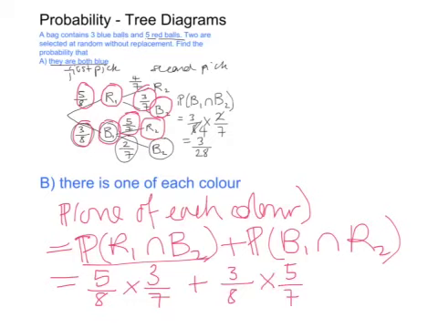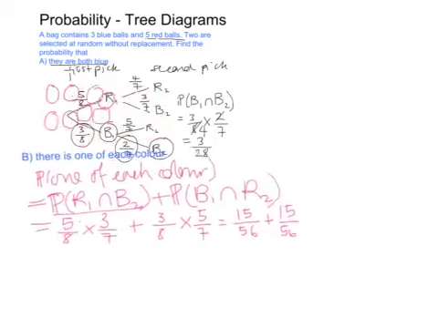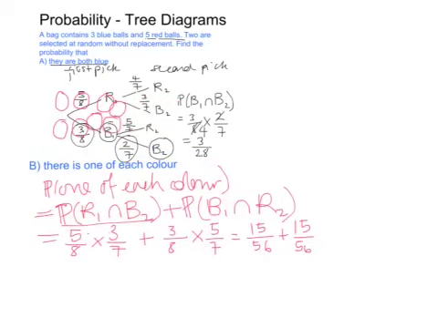And actually we're going to get the same fraction here, so this is going to be 15 over 56, and this one is also going to be 15 over 56. And so if we add them up, then we get 30 over 56.